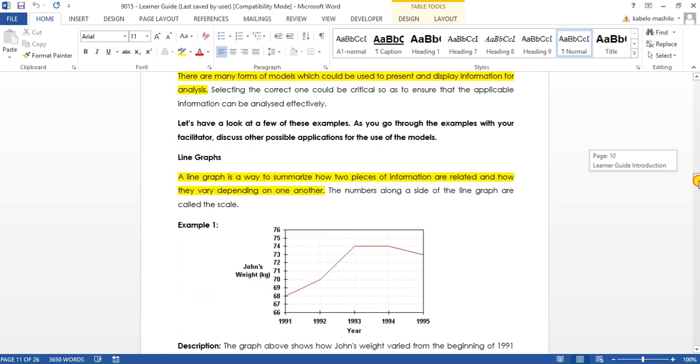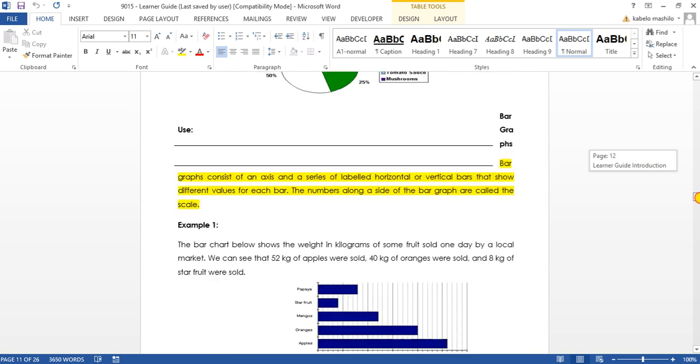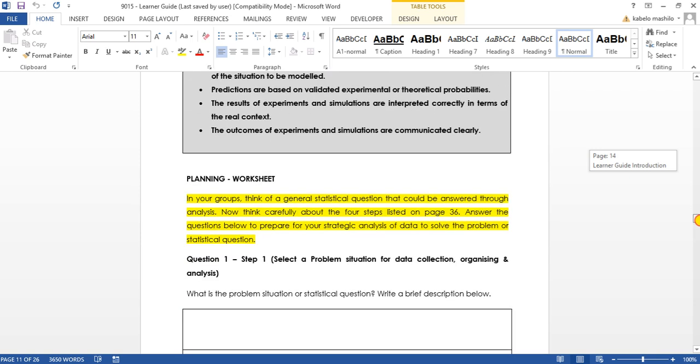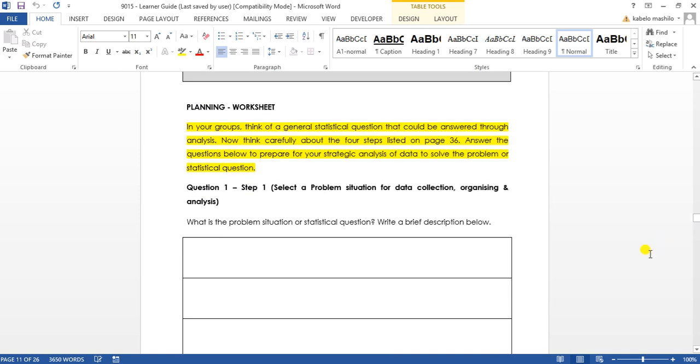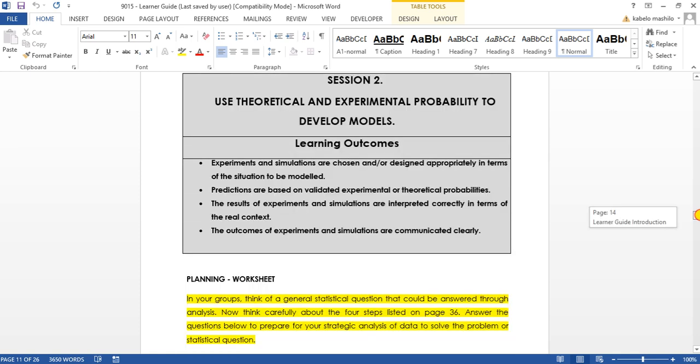These are the 4 steps that you have to think carefully about to answer the questions below to prepare for your strategic analysis of data to solve a problem or statistical question. So step one, you have to select the problem situation for data collection, organizing and analysis. What is the problem situation or stats question? Write a brief description below.